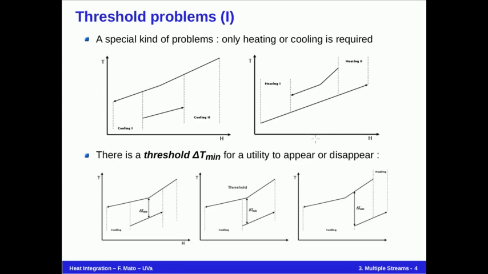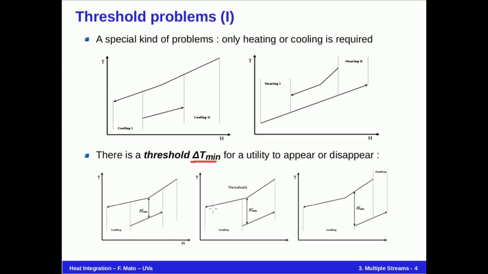Threshold problems are called so because for a utility there is a minimum approach in temperature where the other utility appears or disappears, a threshold. It is well seen in the T versus delta H diagram. Here, for a concrete minimum approach, you need just cooling in this problem.